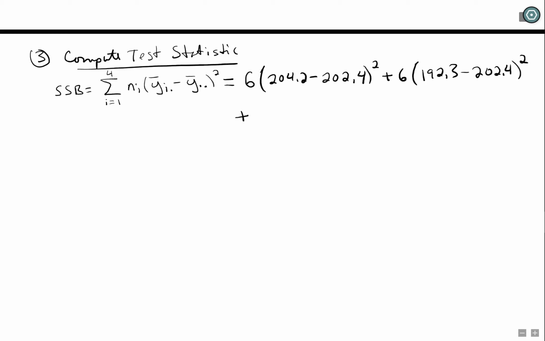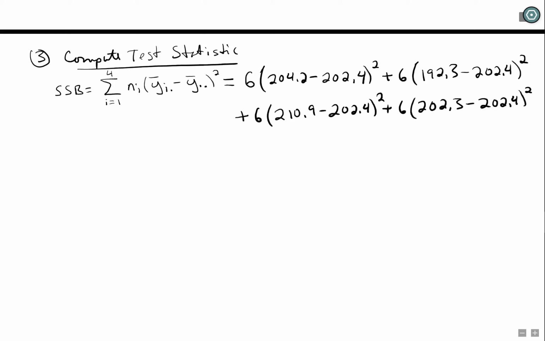plus, moving on to sample 3, I'm going to have 6 out in front because n3 is 6. And the third sample mean was 210.9 minus the grand sample mean, plus 6 times 202.3 minus 202.4 squared.